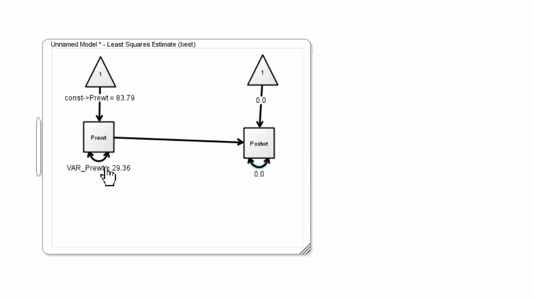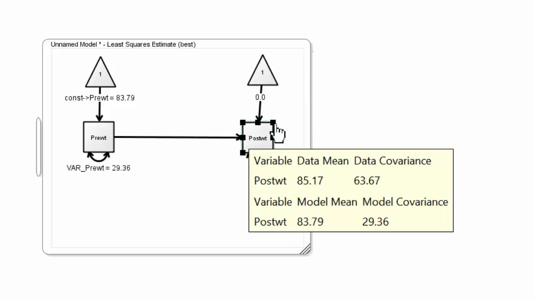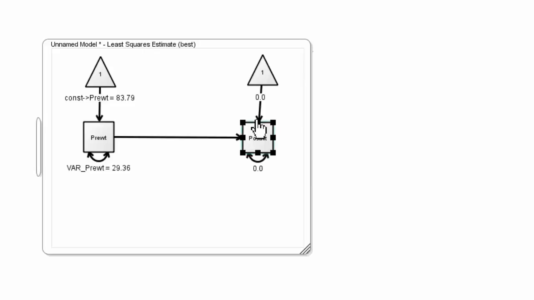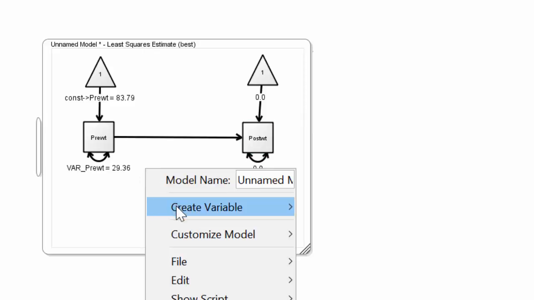So we have our pre-weight now, which we still want to actually be a mean value with a beta of 1 going to the post-weight, which is set to a mean of 0 and a variance of 0 as well.